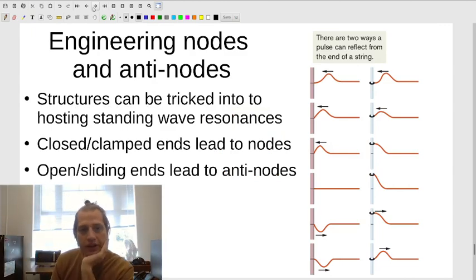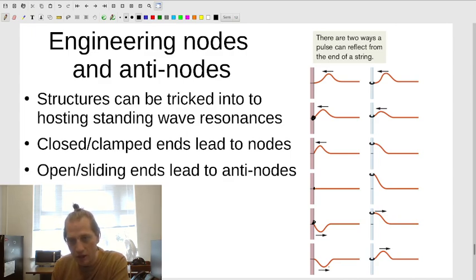Well, there are two ways. If you have a clamped end for the string, so assume that I'm shaking this string up, the disturbance goes down the string, it hits the wall, but if I have a clamp, at that point the wave that bounces back essentially acts as a node on the wave, and the bounce back is going to be in the opposite direction.